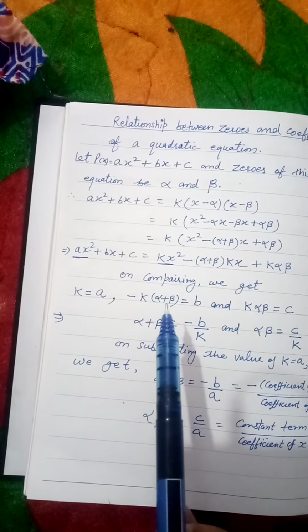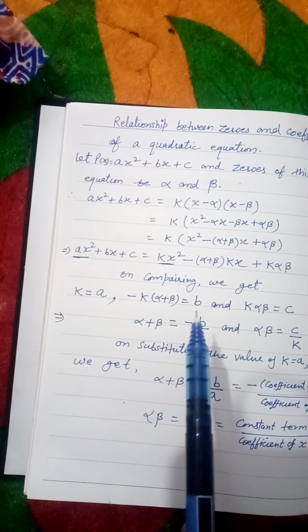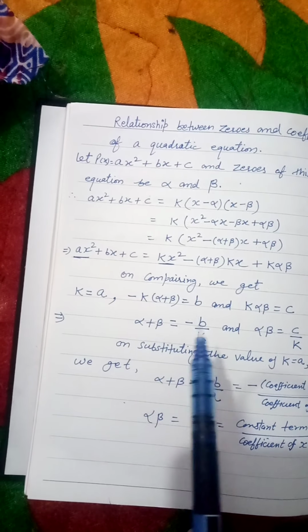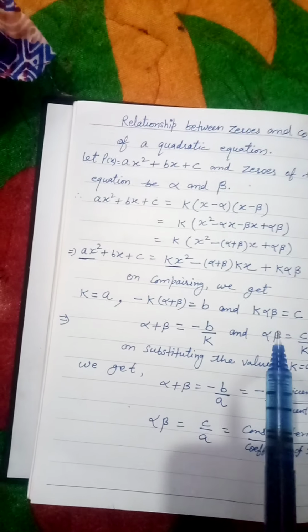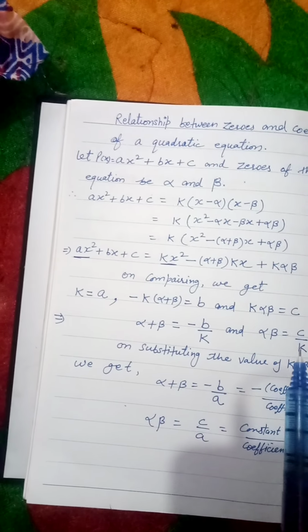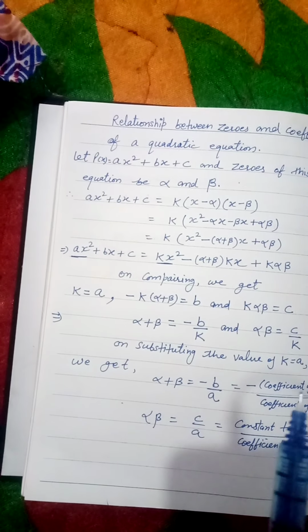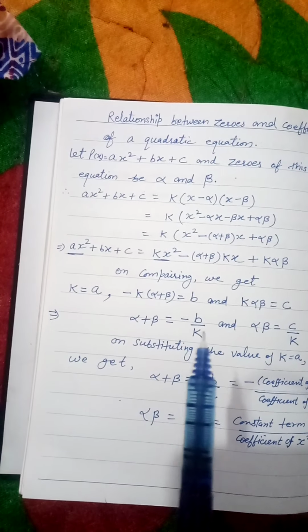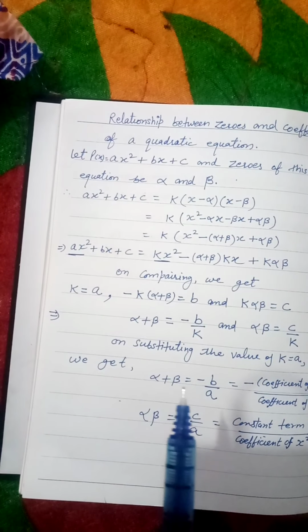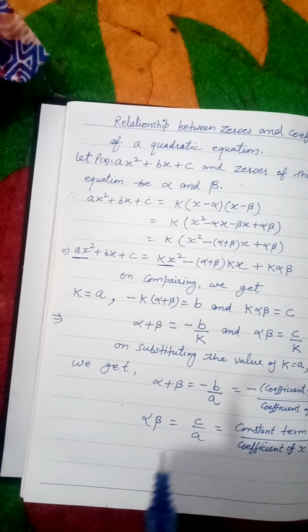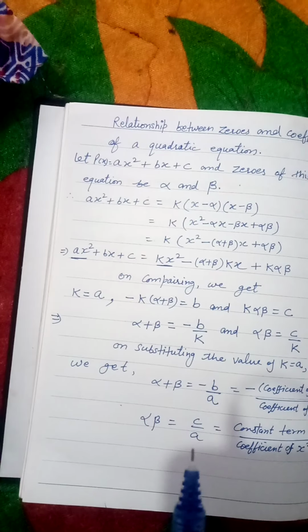Now if we simplify this, we will get alpha plus beta equal to minus b by k, since k is shifted to the other side, and alpha beta equal to c by k. Now on substituting k equal to a, you will get alpha plus beta equal to minus b by a and alpha beta equal to c by a.